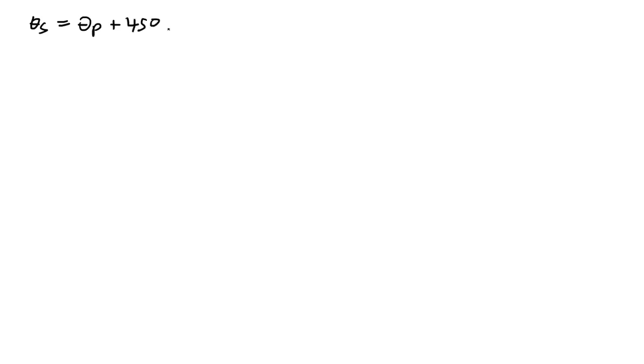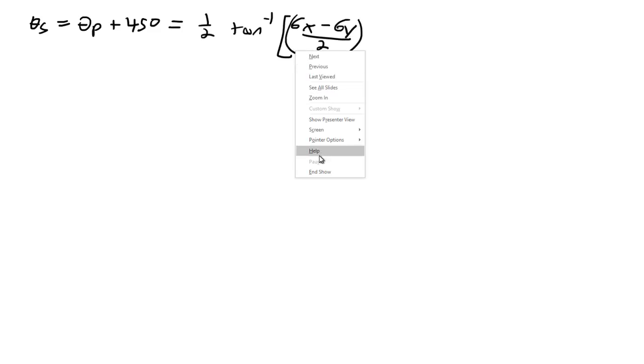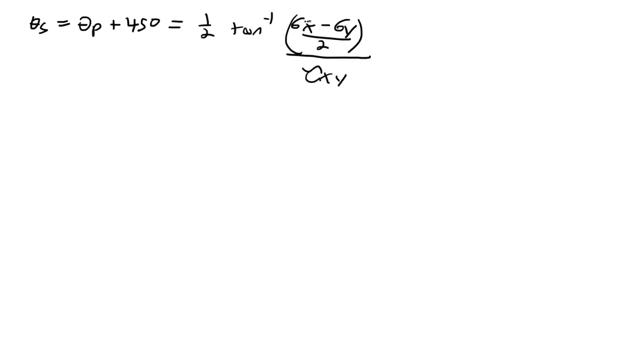So we could just use our theta p and get it, but we could also do 1/2 the inverse tangent of sigma x minus sigma y over 2, all of this over tau xy. And if you plug that in, you will get 56.3 degrees.